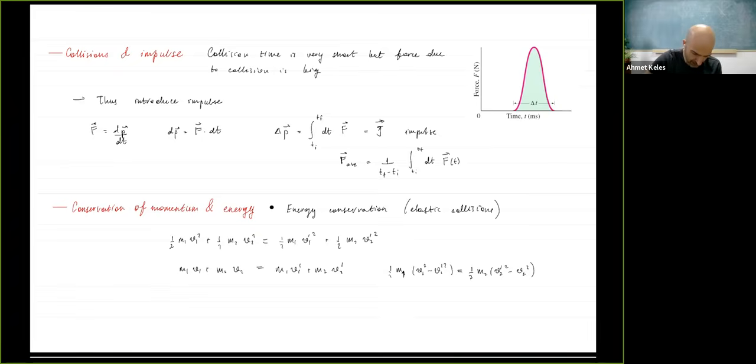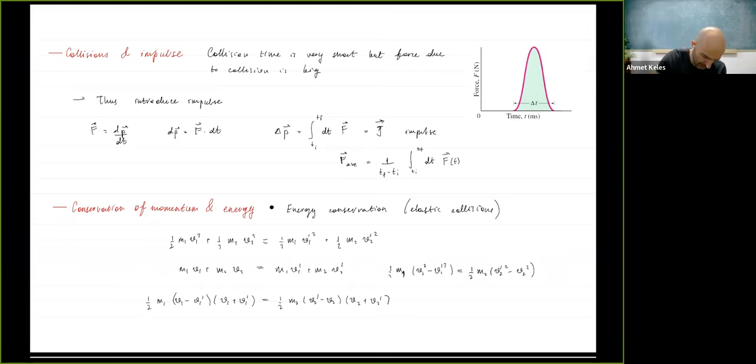Now I write this using the difference of squares: a squared minus b squared is a minus b times a plus b. So this is 1/2 m1 (v1 minus v1 prime)(v1 plus v1 prime) should be equal to 1/2 m2 (v2 prime minus v2)(v2 plus v2 prime).